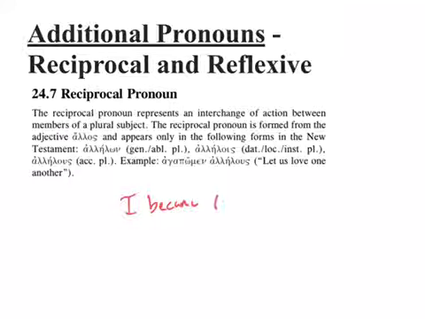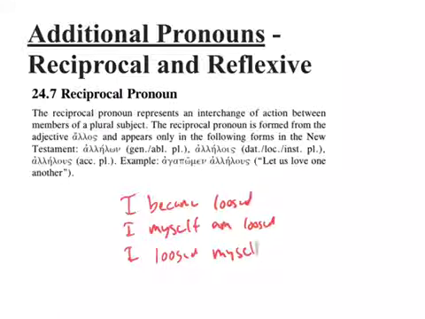So: I became loosed. I myself am loose. I loose myself. I loosed for myself. And in the plural, we loosed one another.